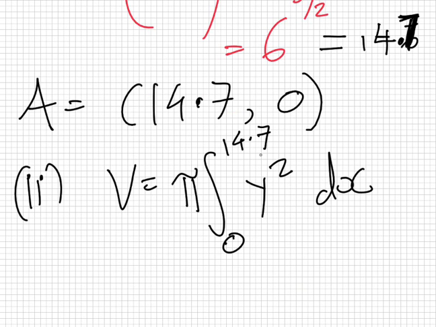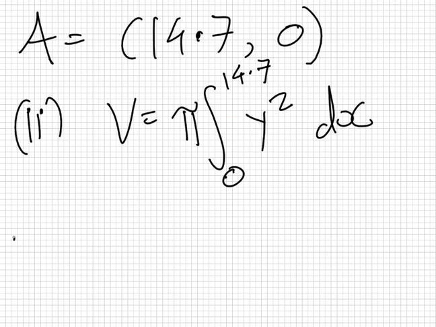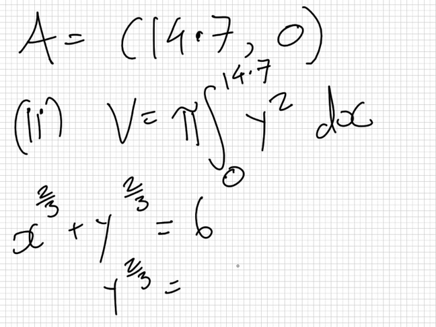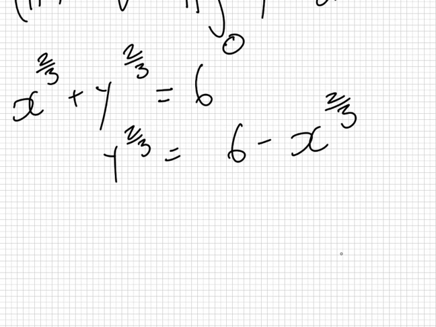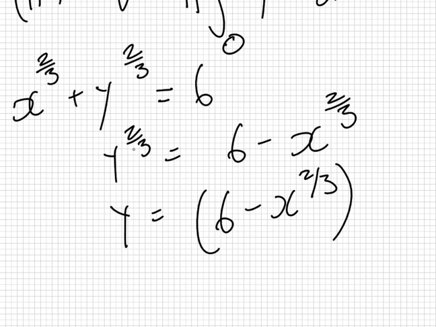Now, you notice that the big problem here is you don't have the y squared. But you do have a formula for x and y: x to the 2 over 3 plus y to the 2 over 3 equals 6. So y to the 2 over 3 equals 6 minus x to the 2 over 3. How can I cancel this 2 over 3?